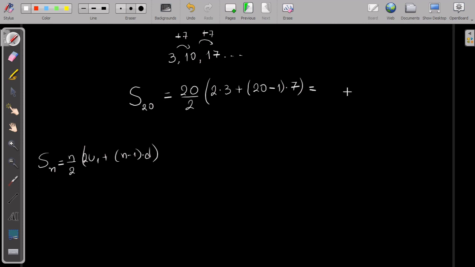Then a simple substitution: 20 divided by 2 is 10, times (6 plus 19 times 7), which is 10 times (6 plus 133), so it's 10 times 139.